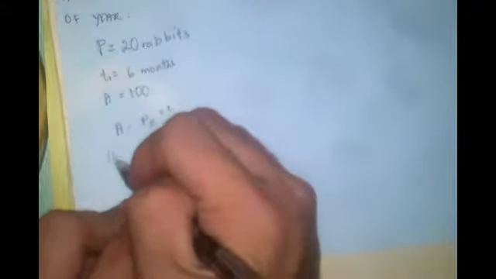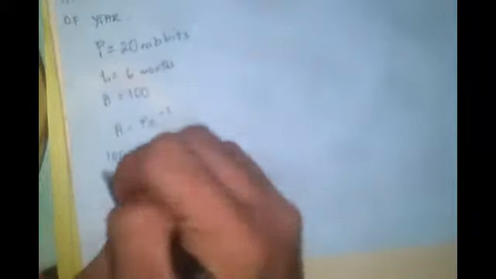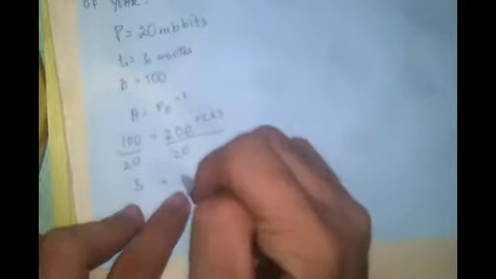So 100 = 20 times e, Euler's number, raised to r times 6 months. Divide both sides by 20, so we will get 5 = e^(6r). Like in the first example, we can use the natural logarithmic property.